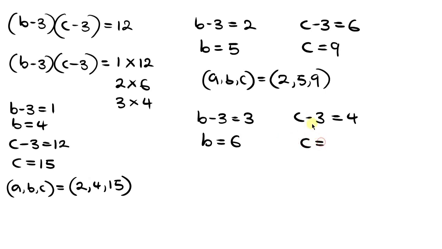C will be equal to negative 3 to the right is plus 3. So 4 plus 3 is 7. So the value of A, B, and C here, A is 2. Remember, we're solving for when A is 2. B is 6. And C is 7. Now let's solve for when A is equal to 3. Let's do that on the next slide.